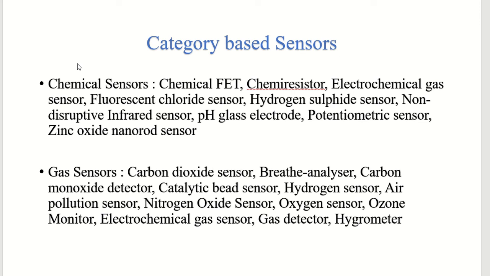Examples of this type of sensor are CO2 sensors, carbon monoxide detector, breath analyzer, catalytic bead sensors, hydrogen sensor, air pollution sensor, nitrogen oxide sensor, oxygen sensor, ozone monitor, electrochemical gas sensor, gas detector, hygrometer. So all these sensors are gas sensors.